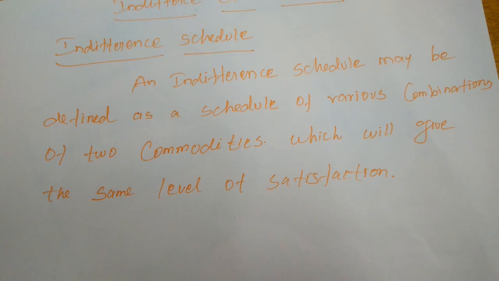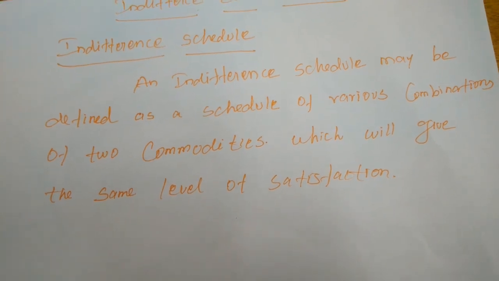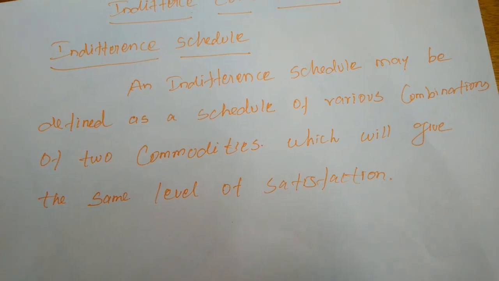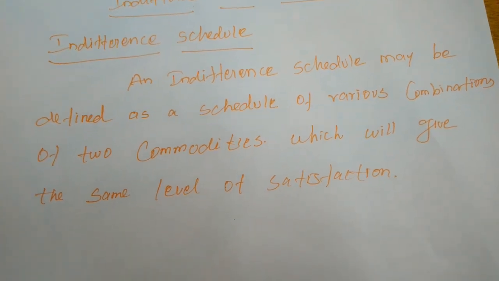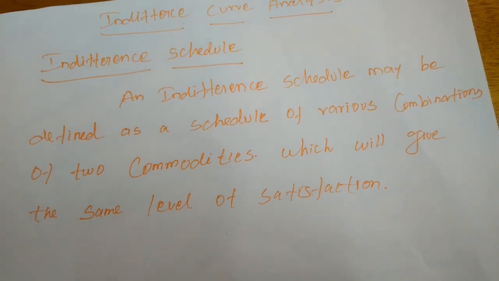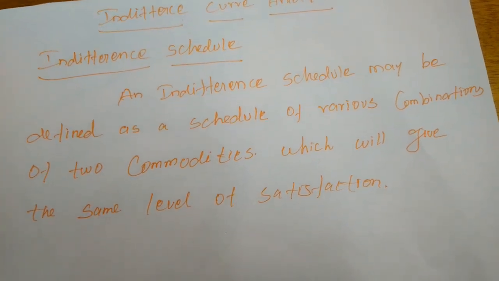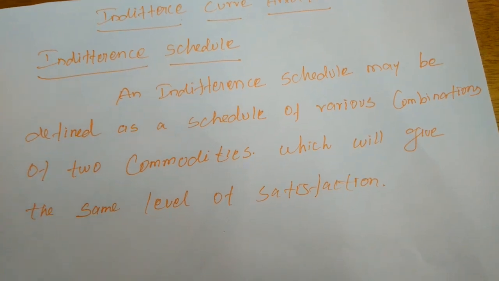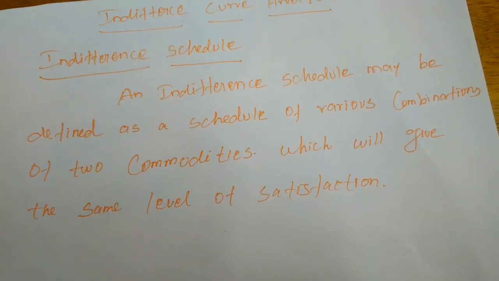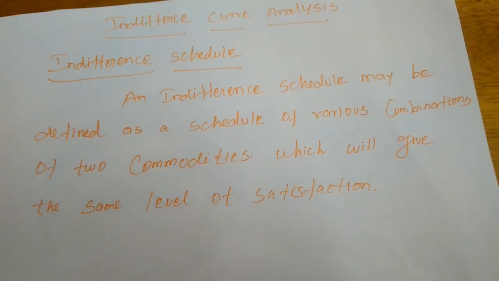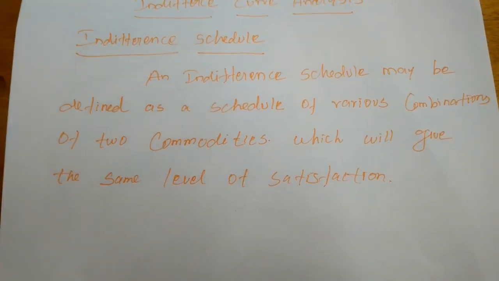In other words, an indifference schedule is a table which shows different combinations of two goods that give equal satisfaction to the consumer.